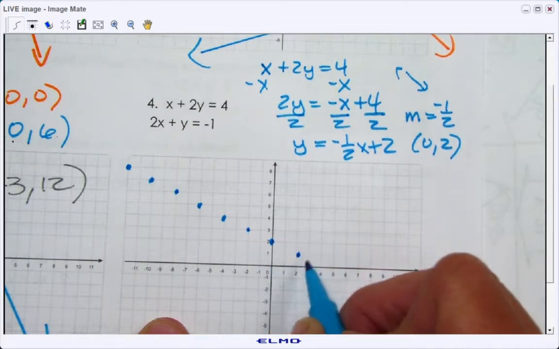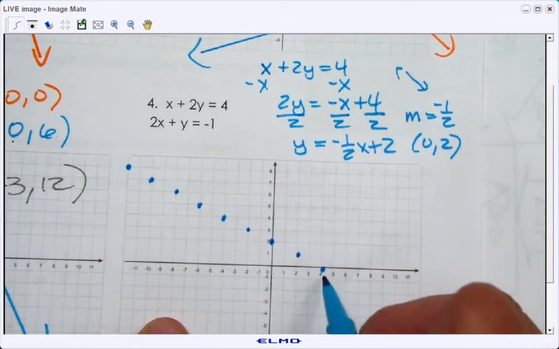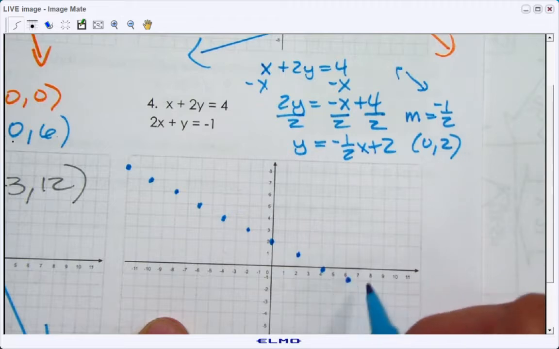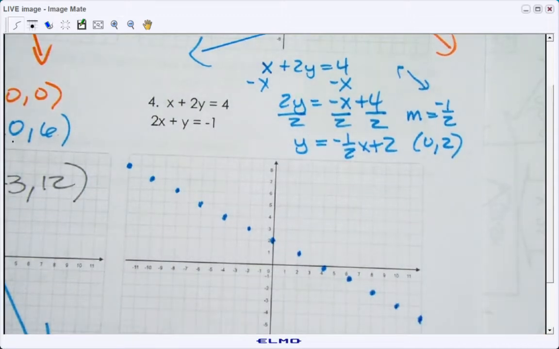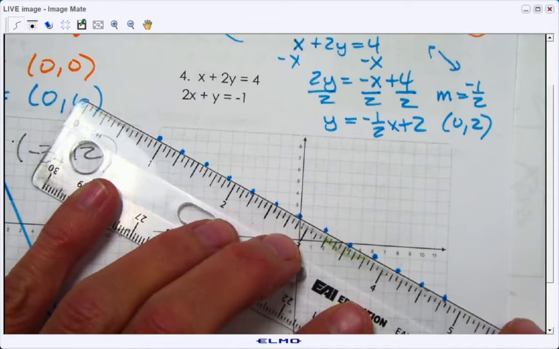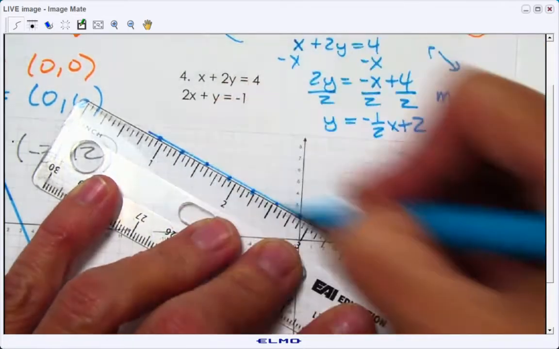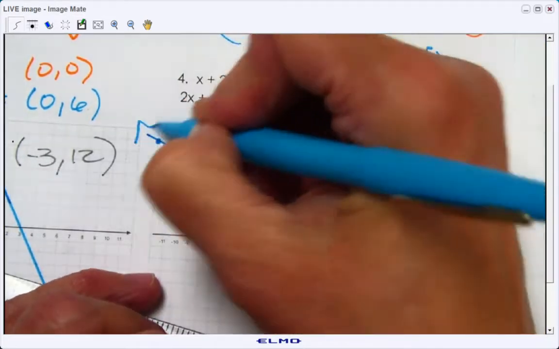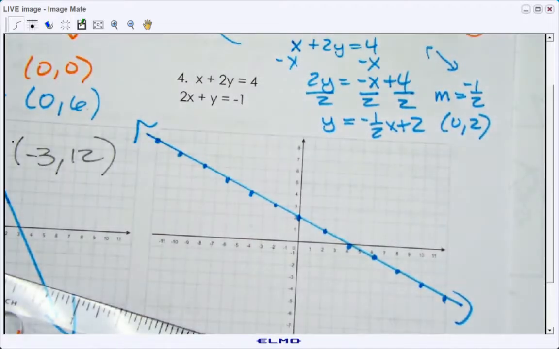For some reason, these lines are really light. Sorry about that. Okay. So there we have it. We have this line. And then I need the other one.